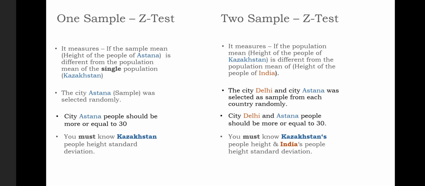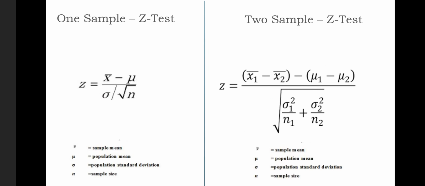And our hypothesis is the very crucial part that we have to make. We must make two statements, null and alternative, as I have discussed with you. Now let's learn one more difference between the one sample Z test and two sample Z test, which is basically their formula or their way of doing it.